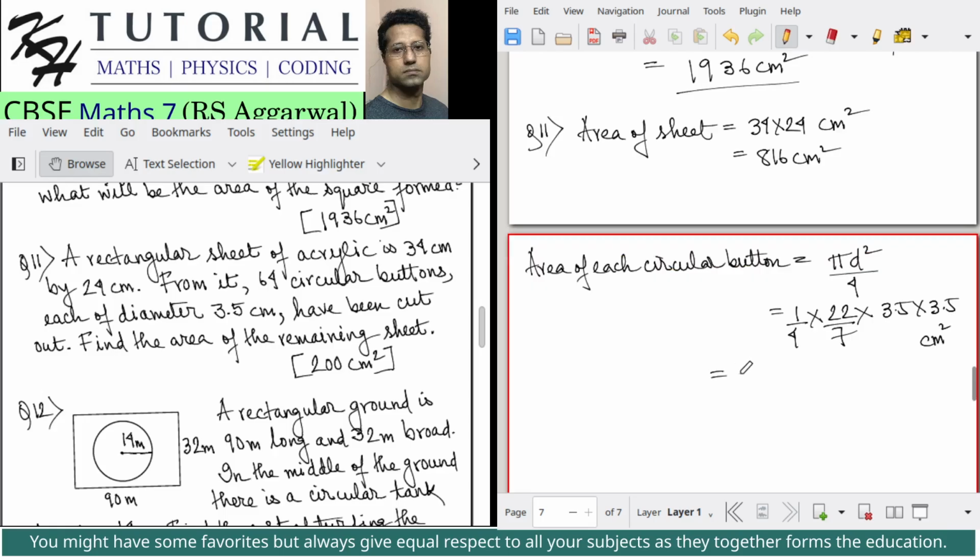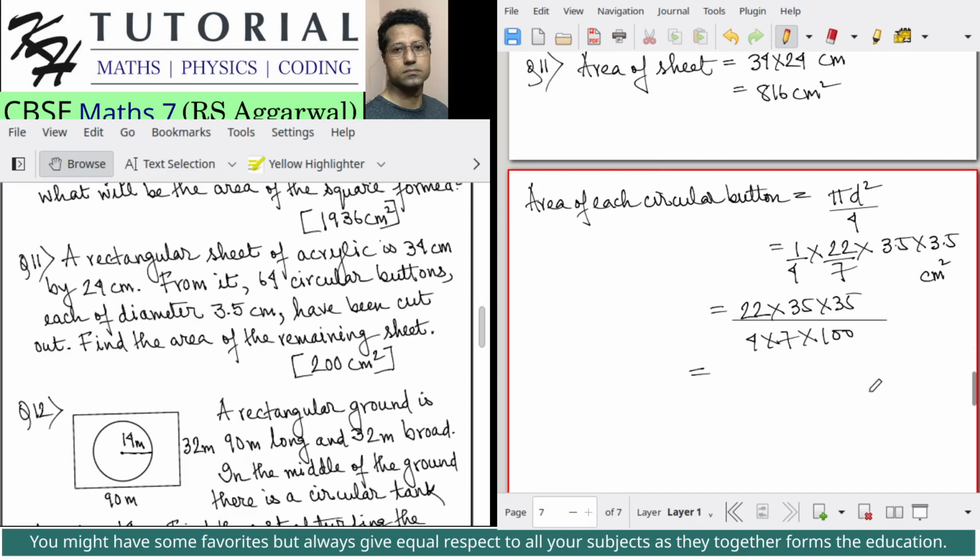Let's convert the decimal 3.5 as a fraction. So we have 22 multiplied by 35 multiplied by 35 divided by 4 multiplied by 7 multiplied by 100, because 3.5 is 35 by 10, and again 3.5 is 35 by 10.